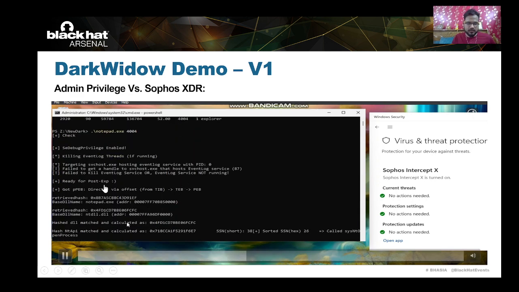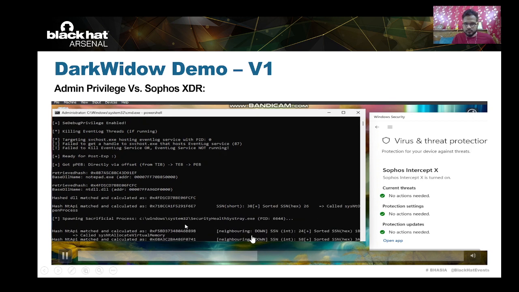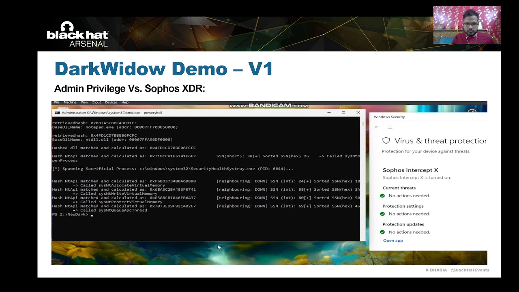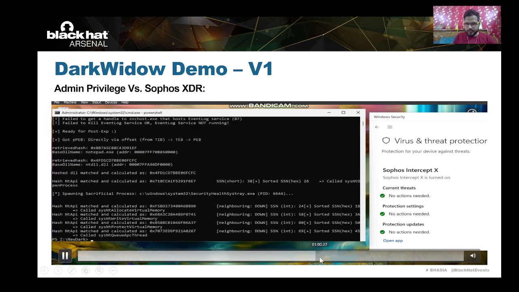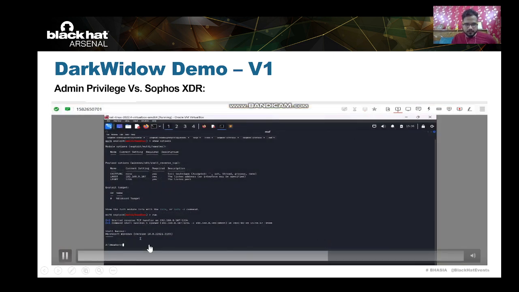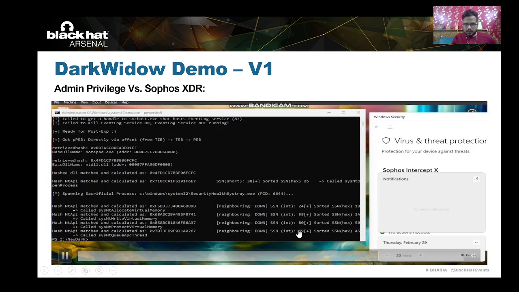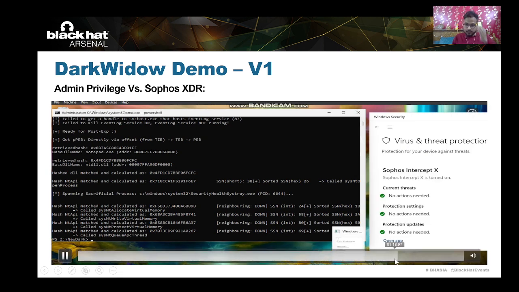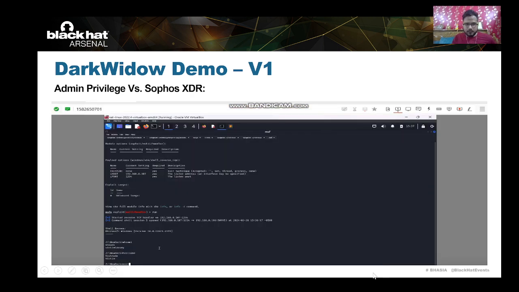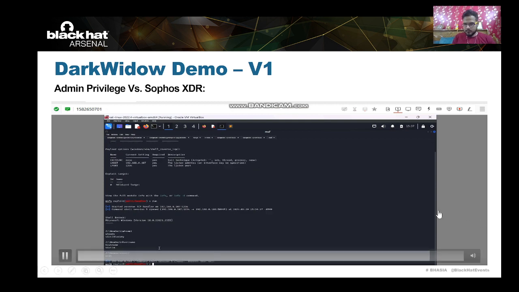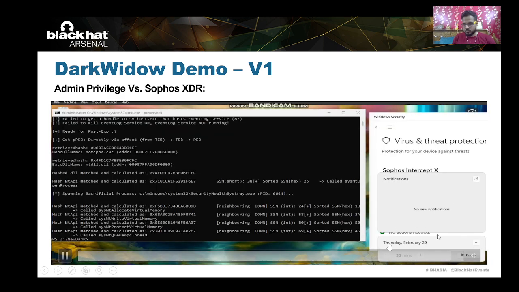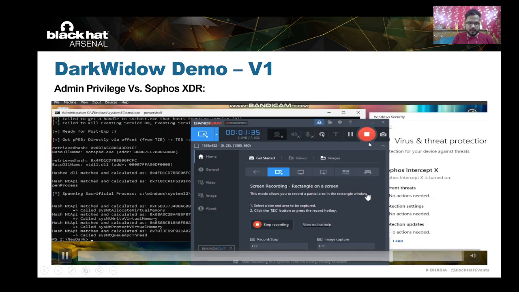If it is not, then it is proceeding towards post exploitation. You can see no notification, nothing. Hitting, no notification. So total evasion.